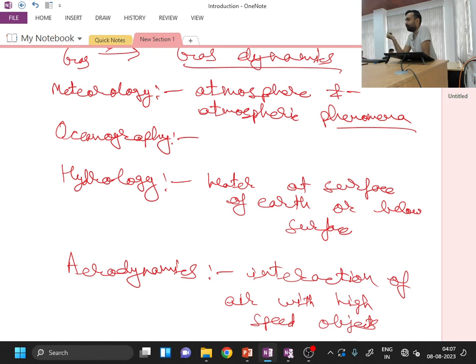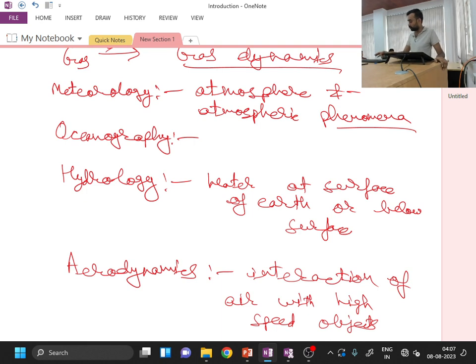If you do not know fluid mechanics, then you cannot effectively study all these other concepts. So you can see the importance and essence of the subject of fluid mechanics, which has huge applications in the present day systems which we are developing.